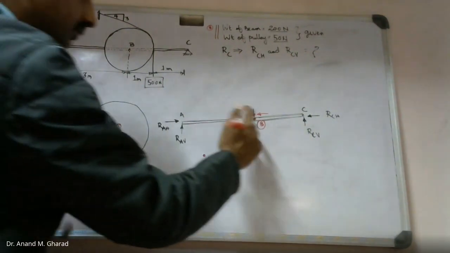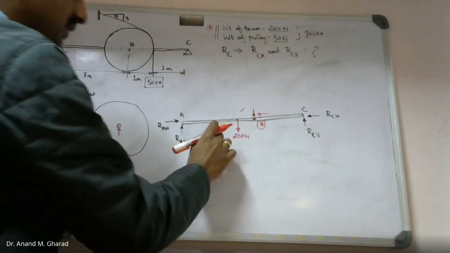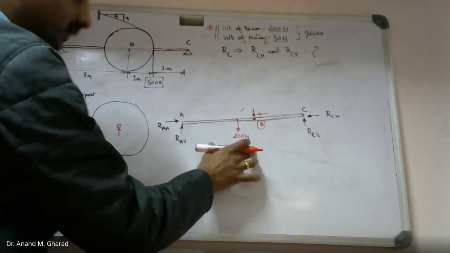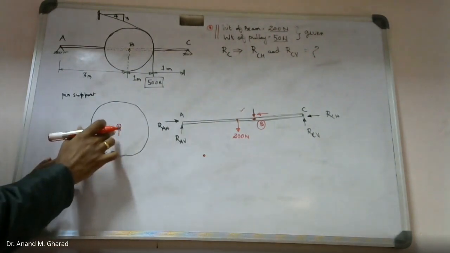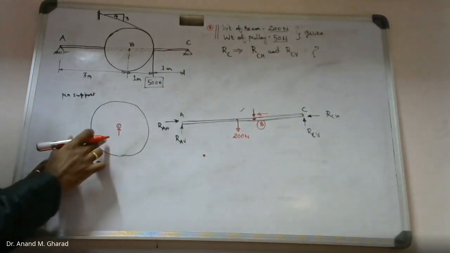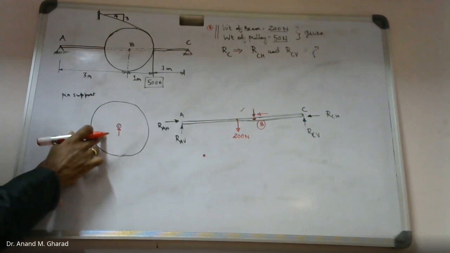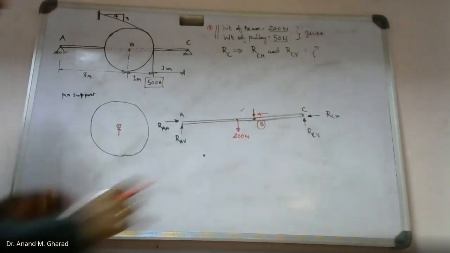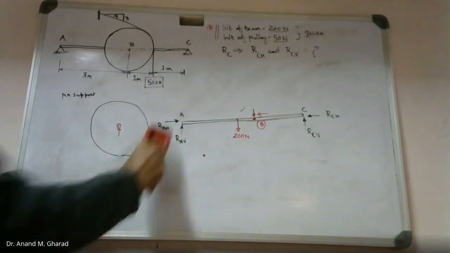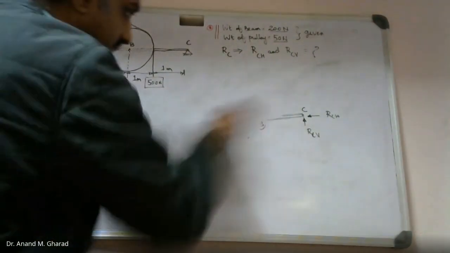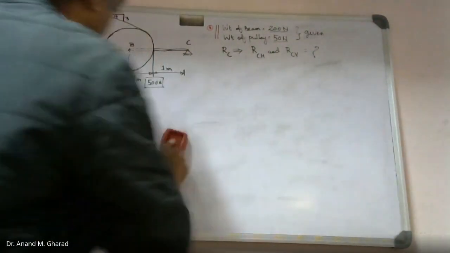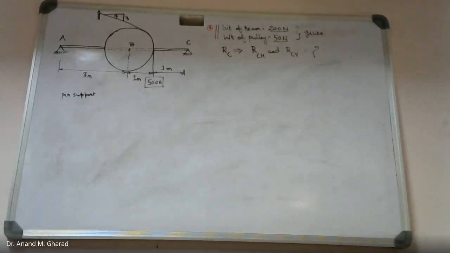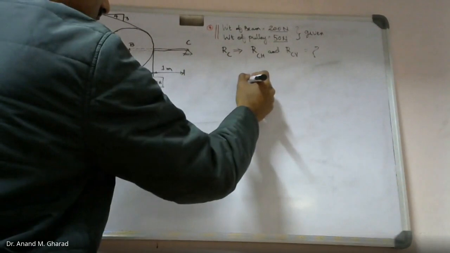Before solving, you can see the number of unknowns on the beam is quite more compared to the number of unknowns on this pulley. So let us first solve for this pulley system, and then we will eventually go on to this beam, right? So for your understanding, let me draw this.